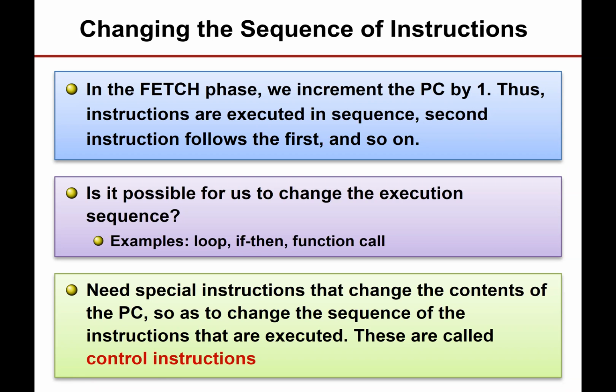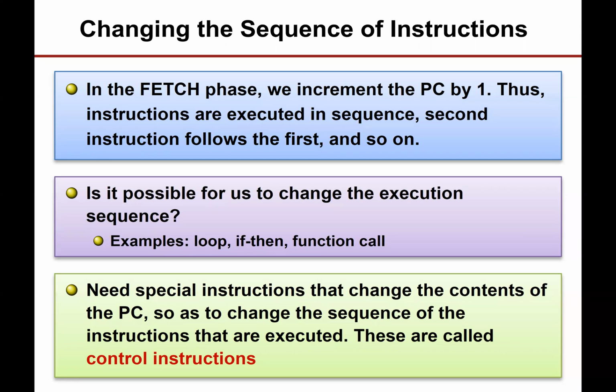So it is possible for us to change the execution sequence, like high-level programming languages, which have loops, if-then, function calls, and iteration, right? Can we do it? The answer is yes. Last time we had a lab, right? But it needs special instructions to change the value stored in the PC register.